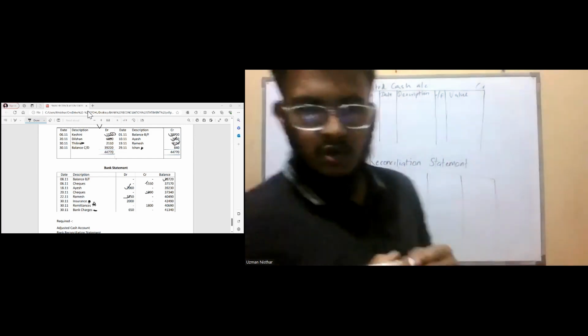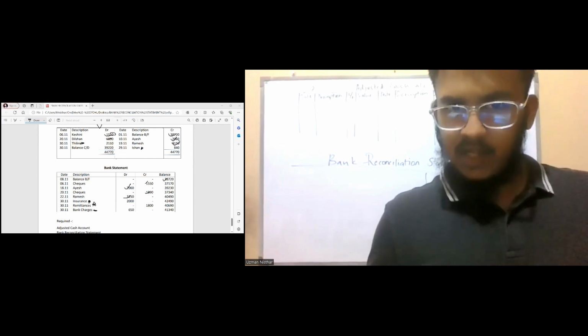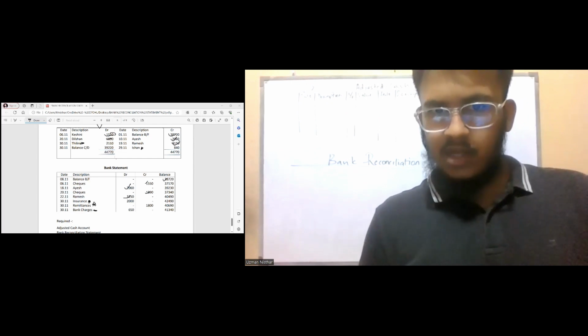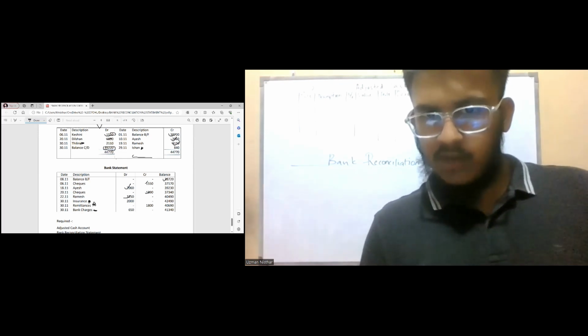So we have a debit balance here. How much? We should take this balance. When you are preparing the adjusted cash account, we should take the balance carried down. They have not given the balance brought forward. Normally they should give the balance brought forward here.